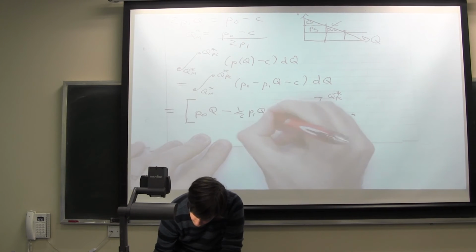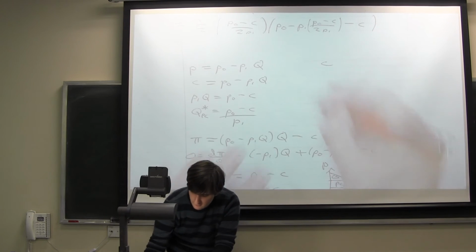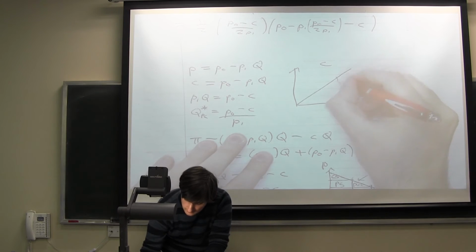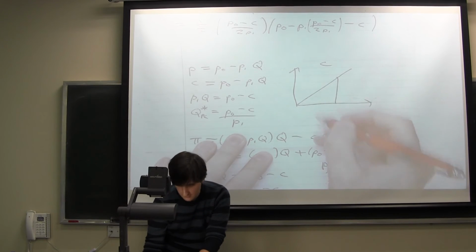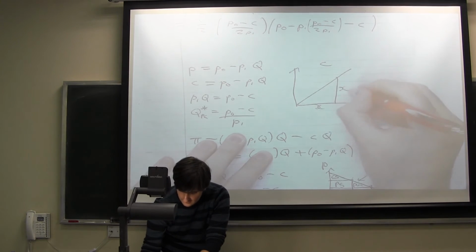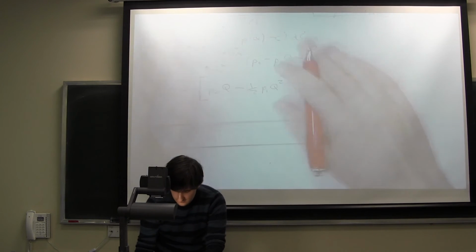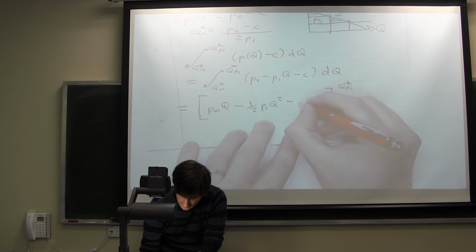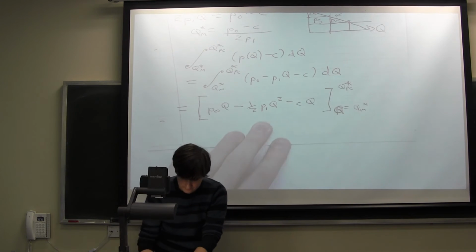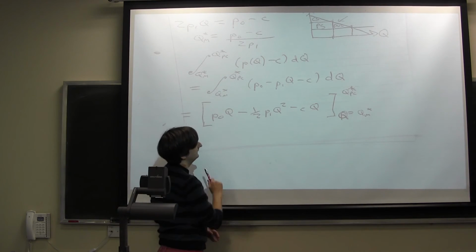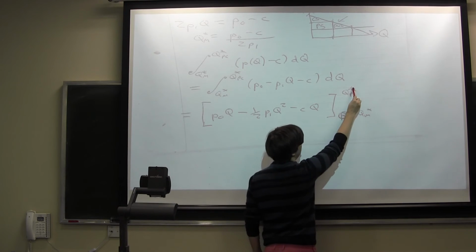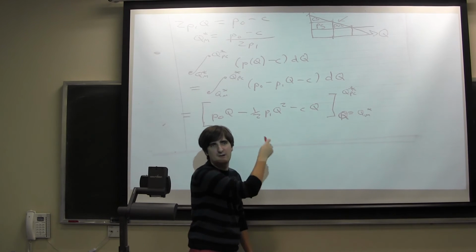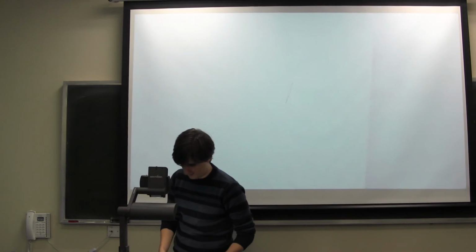The area under y is x, which is just a triangle, so it's half x squared. So this is half P1 Q squared, minus c is just a constant again, so minus cQ. So this is our indefinite integral. We evaluate it at the top, subtract the value at the bottom, and you'll get the same answer, but I won't go through this.